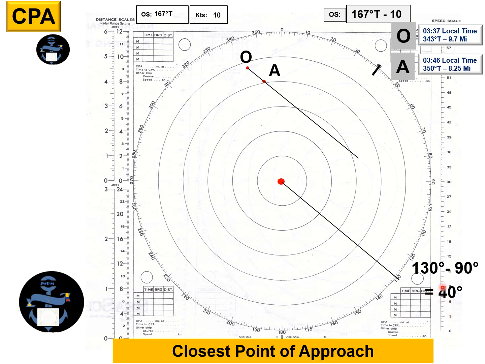So that means 040 here is the 90 degrees angle, the 90 degrees angle that I need to know in order to draw the straight line from here to the center. This point is the CPA, where the two lines are crossing, you know.